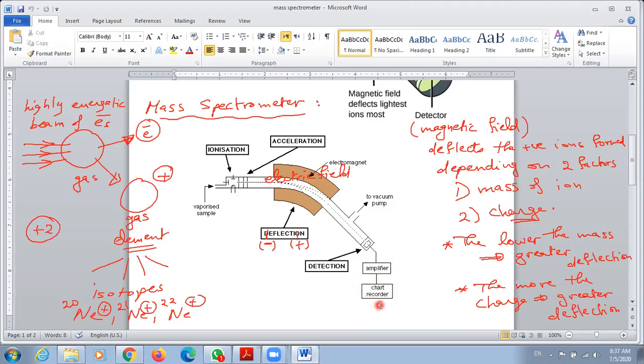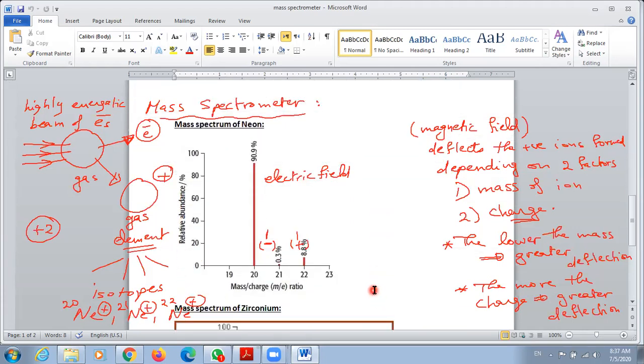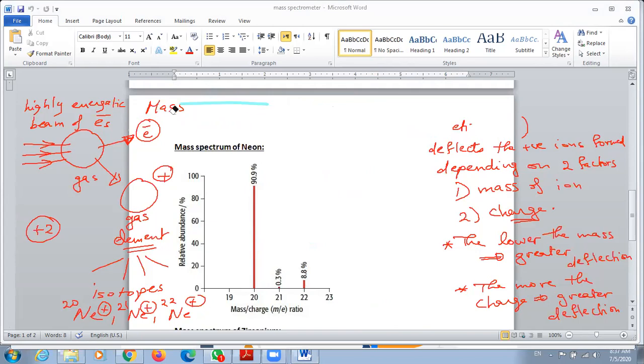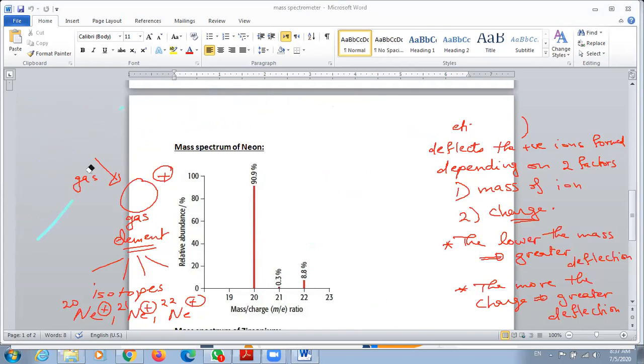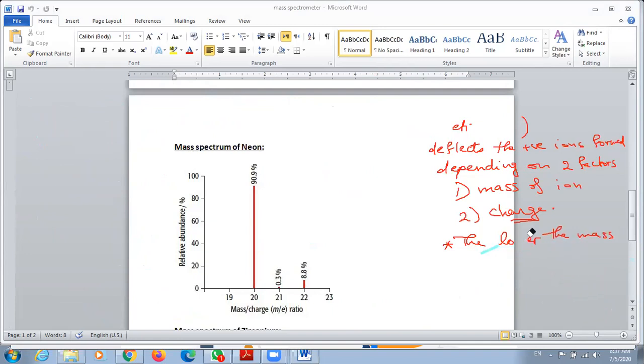And then we get what we call a chart recorder. In the chart recorder, we get a spectrum, a mass spectrum.